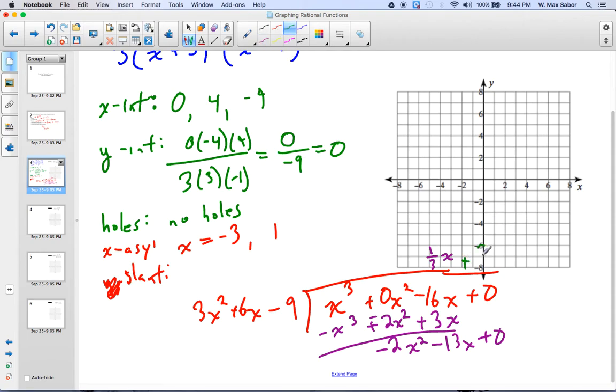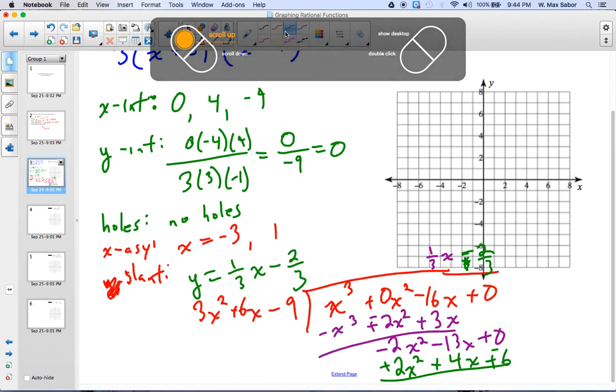I believe it goes in negative 2/3 times. So that would be negative 2x squared minus 4x plus 6. It doesn't matter what remainder we get, because now we know that our slant asymptote is y equals 1/3 x minus 2/3.